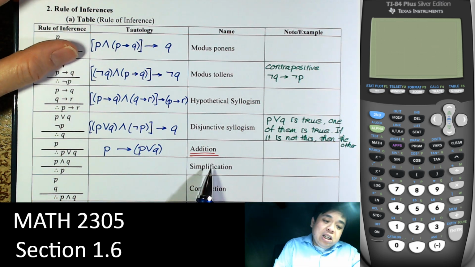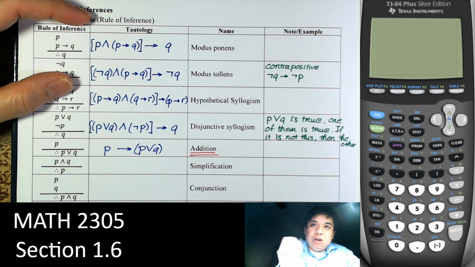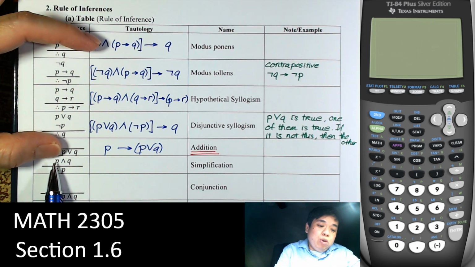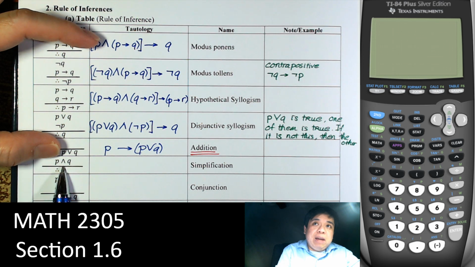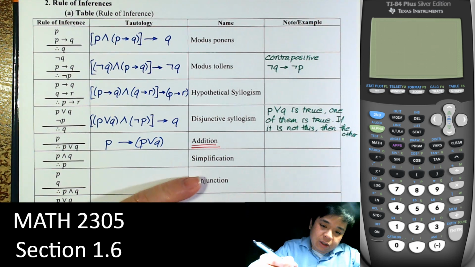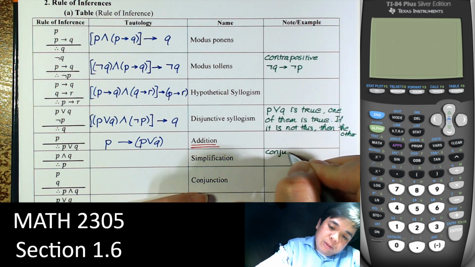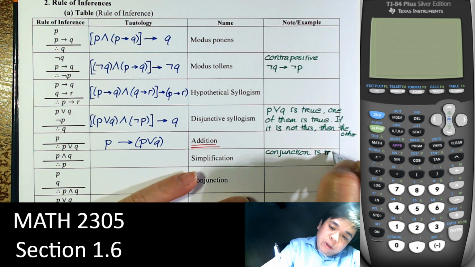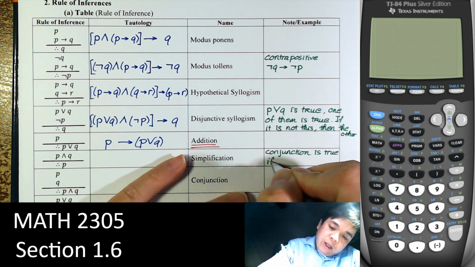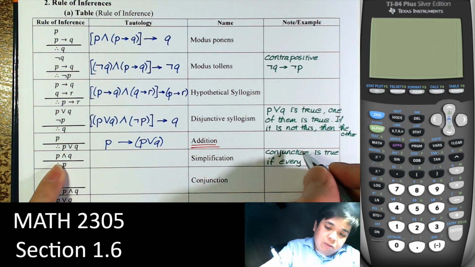Right, so if that was addition, now this is like the simplification, or the subtraction, if you will. If you have an and statement that is true, everyone has to be true. So a conjunction is true if every statement is true.